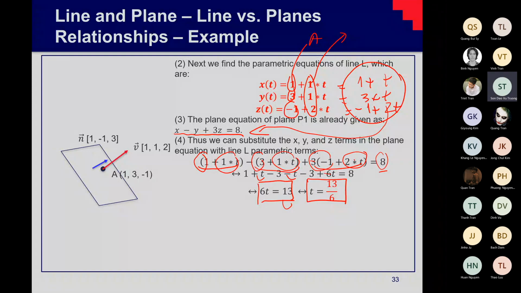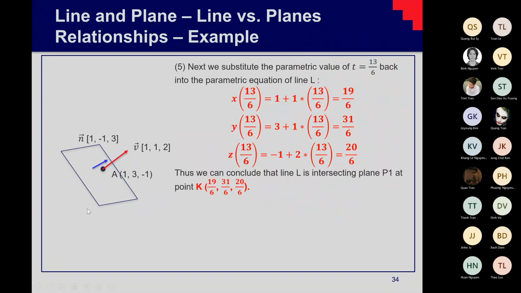After we have found t, we can put the value of t into the parametric equations for the line L, and we can find x(t), y(t), and z(t). That is the location of the intersecting point between the line L and the plane P1. So 1 plus t is 19 divided by 6.